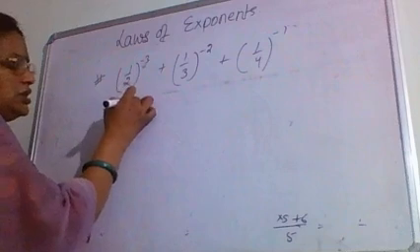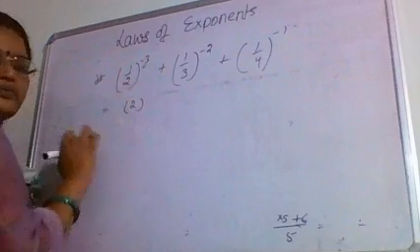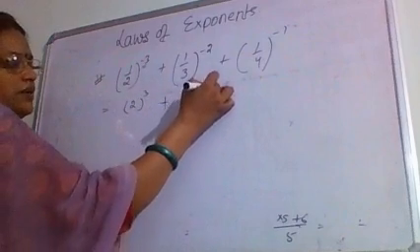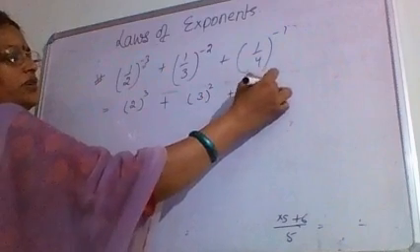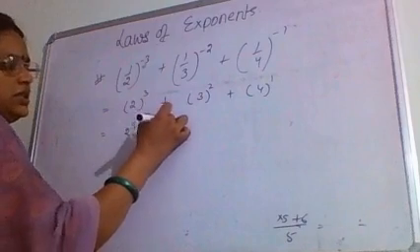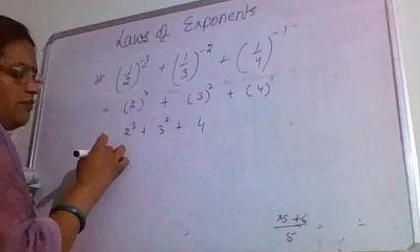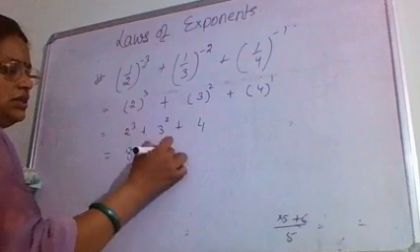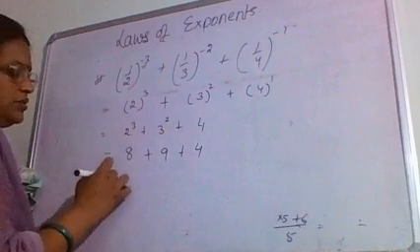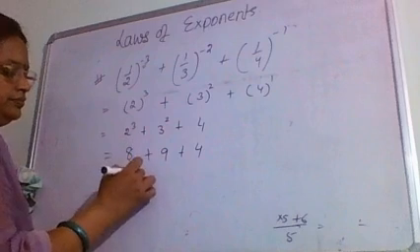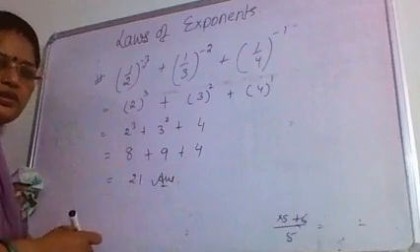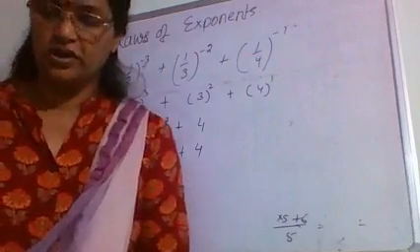It is 2 by 1, no need to write denominator 1, so this is 2 raised to power 3, 3 raised to power 2 and 4 raised to power 1. So it is 2 raised to power 3 plus 3 raised to power 2 plus 4. Now simplify: this is 8, 9 and this is 4. So this is how we solve the question.